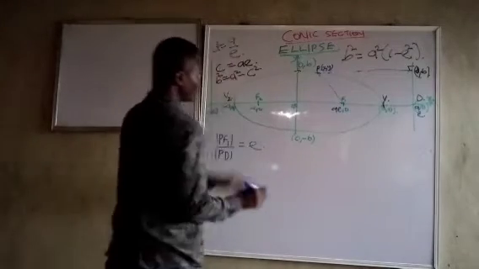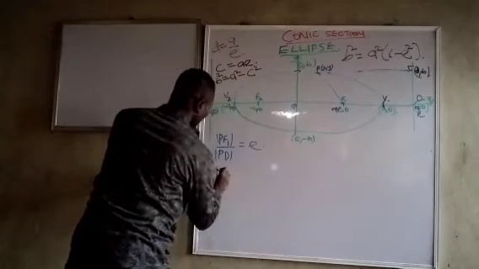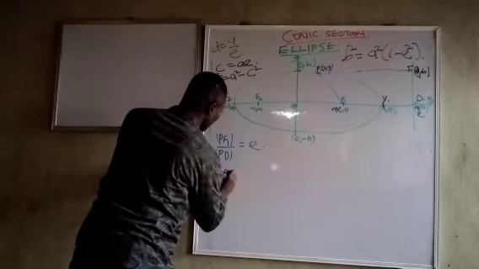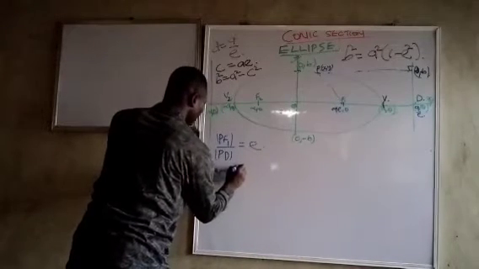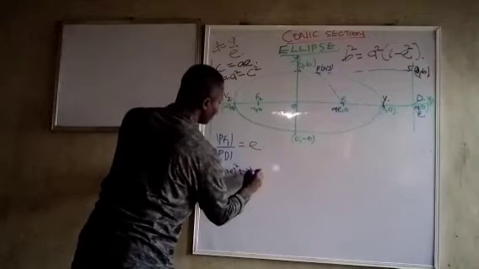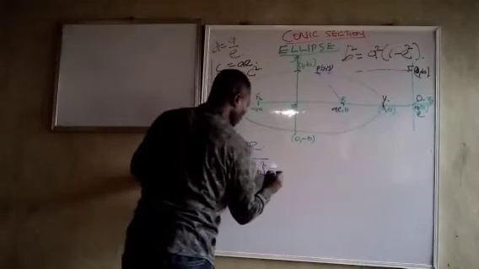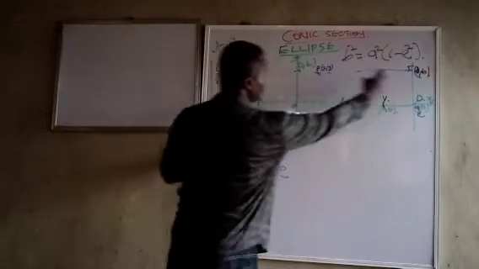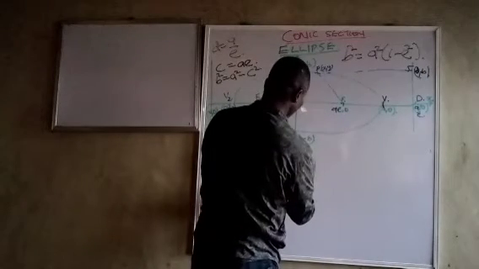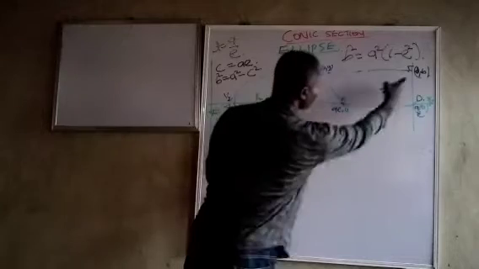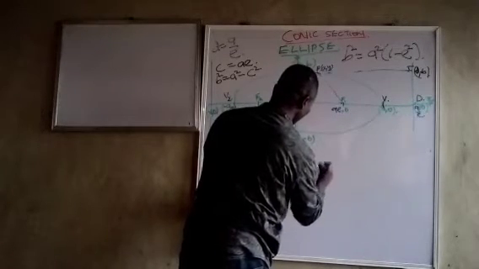Now let's work it out. X minus AE squared plus Y minus 0 squared is equal to E into D. That is A over E minus x.